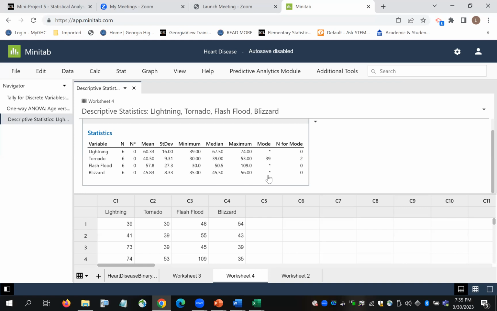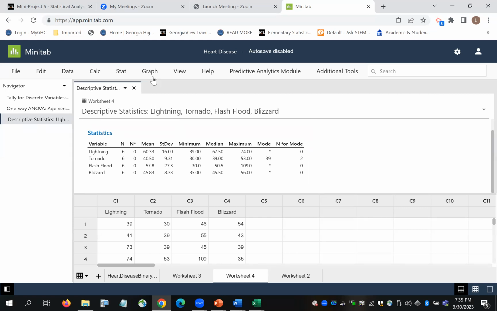For blizzard, 45 and 45 and no mode. So if I'm looking at this, remember if the mean and the median are basically the same value, it's normal. So the tornado could be normal, the blizzard could be normal, but lightning and flash flood are definitely not normal.